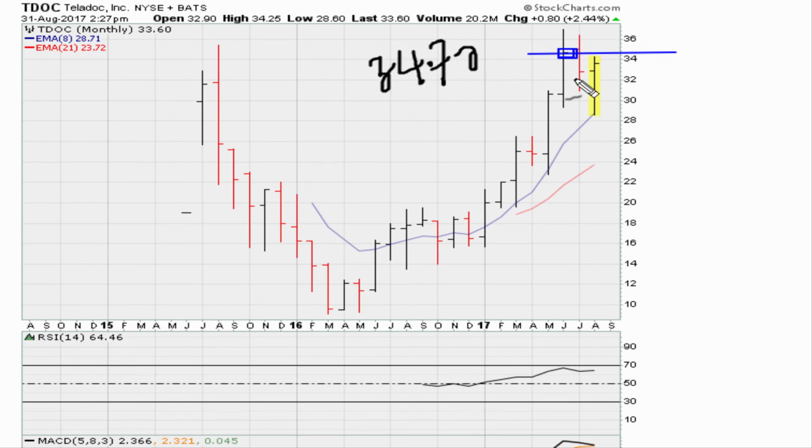Now that we've had at least 1 month of rest, any breakout past 34.70 is going to be your next trigger or your next buy point breakout level. If it clears that level, then you know that it is time to try and see whether the stock can win you some profits to the upside with a quality breakout. So one can set an alert at 34.70.